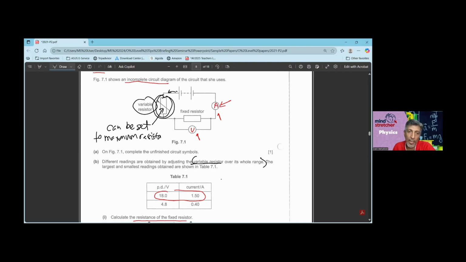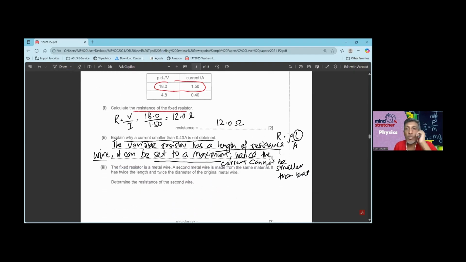You cannot vary the resistance of this beyond the maximum. So in a way, you are limited in deciding how much current can flow through. The simple answer is the variable resistor has a maximum resistance, which cannot go beyond that. That's why the current cannot get smaller than that. Because in the whole experiment, you are changing the current by changing the resistance of the variable resistor. So once it is set to a maximum, the current cannot get smaller than that. That's all.